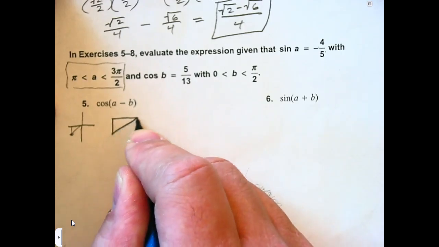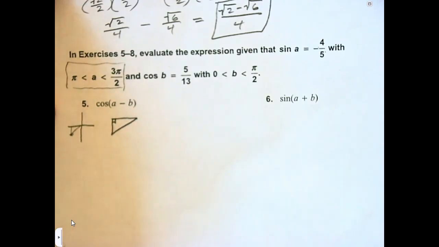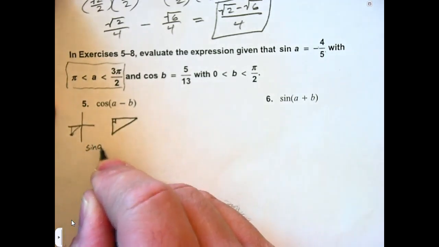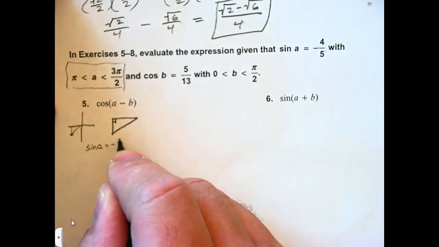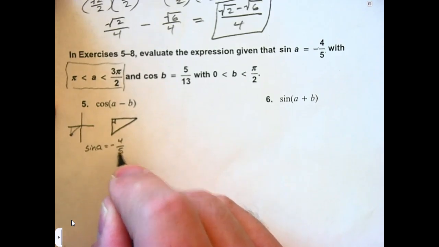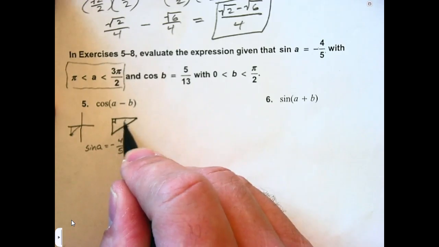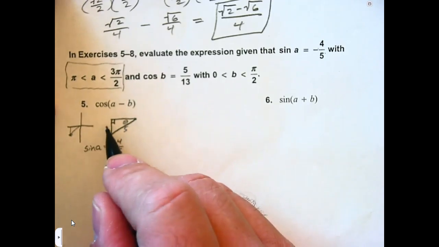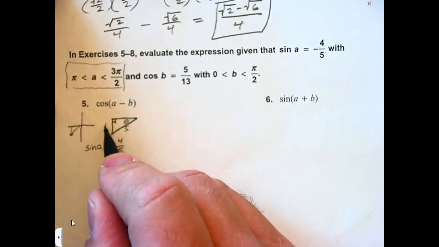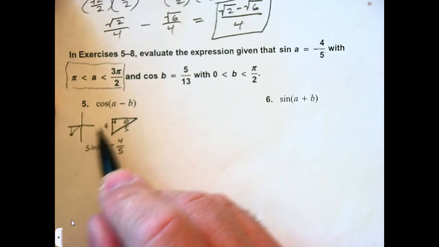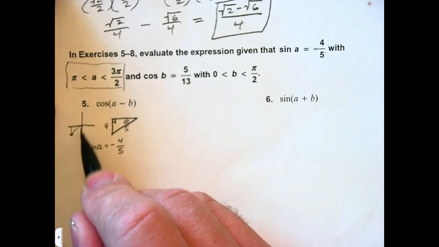Based upon the information they gave us, sine A is equal to negative 4/5. This is opposite. That's hypotenuse. Opposite of theta, hypotenuse, is 5. This is 4. We're getting the negative from this piece right here, because that's the negative portion of sine.